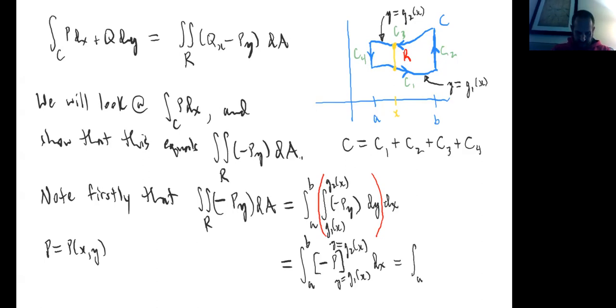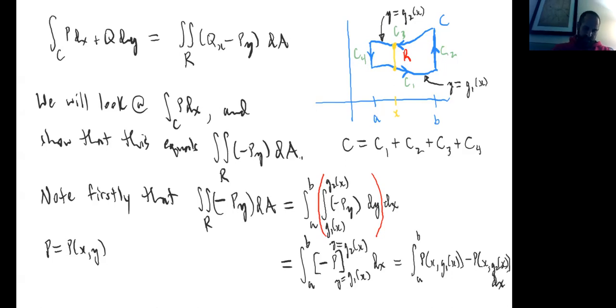In the end, this is going to be the integral from A to B of P of X, comma, G1 of X minus P of X, comma, G2 of X. And this is all dx.